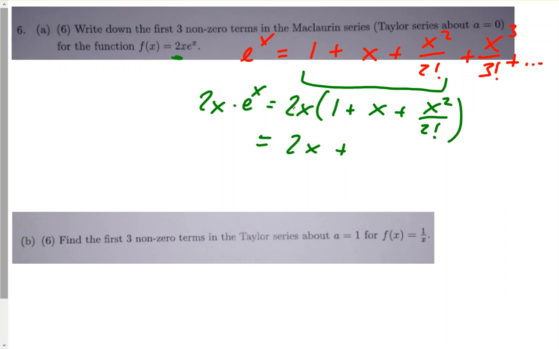We could just distribute. 2x times 1 is 2x, 2x times x is 2x squared. 2x times x squared over 2 factorial would be 2x cubed over 2. Okay, we could simplify that a little bit with the 2's here. 2 factorial, 2 times 1, is also 2. Okay, so the final answer then would be 2x plus 2x squared plus x cubed.